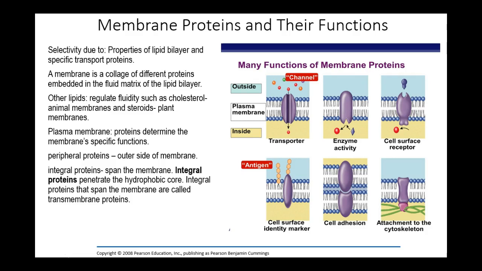You have surface identity markers. These are how your cells know that they're your cells, how you identify self, and also how your cells know that they're a blood cell as opposed to an epithelial cell. Some proteins are embedded for adhesion, and some are embedded in the membrane to attach to the cytoskeleton. Remember, the cytoskeleton is inside the cell.